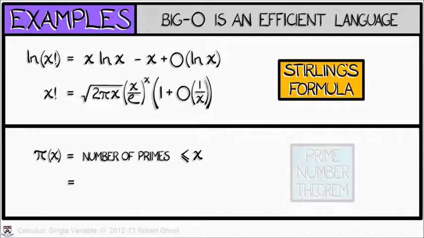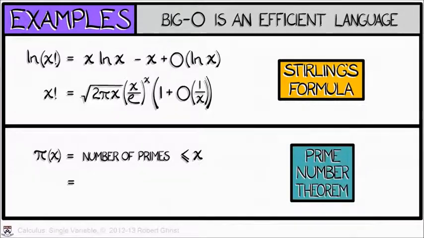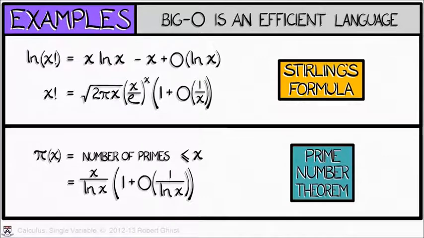Well, we can use the language of big O to state the prime number theorem, which says that pi of x is to leading order x over log of x. And that's not exactly what it is. That's just the leading order term.